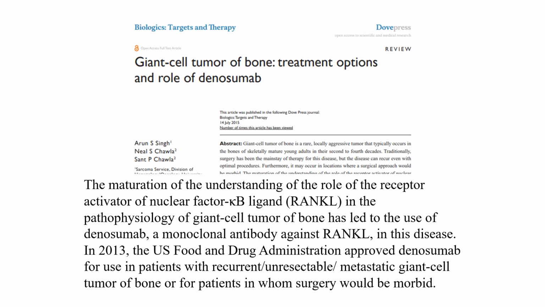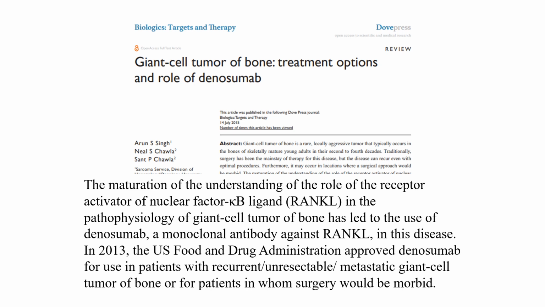Understanding the role of RANKL in the pathophysiology of giant cell tumor of bone has led to the use of denosumab, a monoclonal antibody against RANKL, in this disease. It has had an important impact on the treatment of giant cell tumors, especially in cases that are difficult to resect, recurrent, and metastatic.